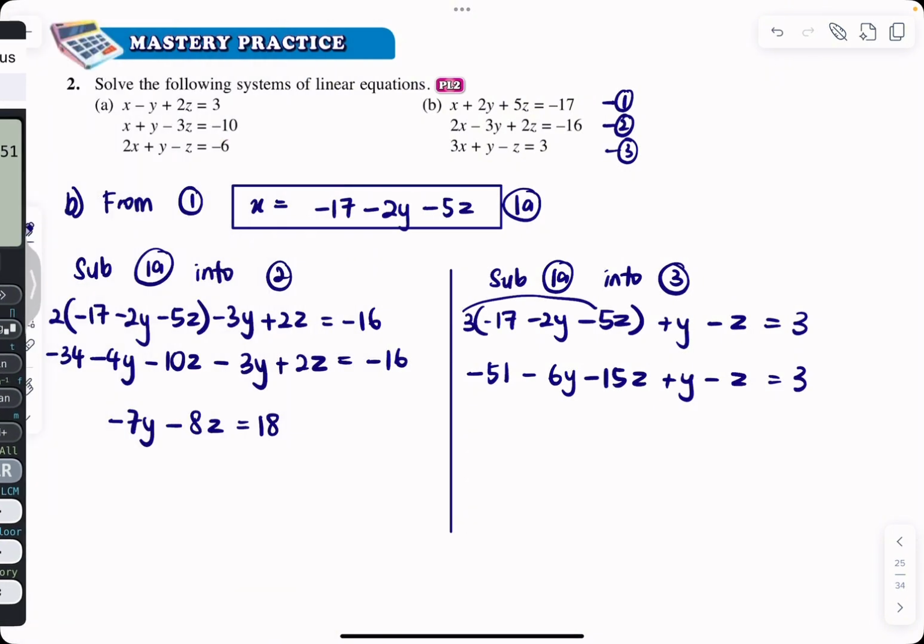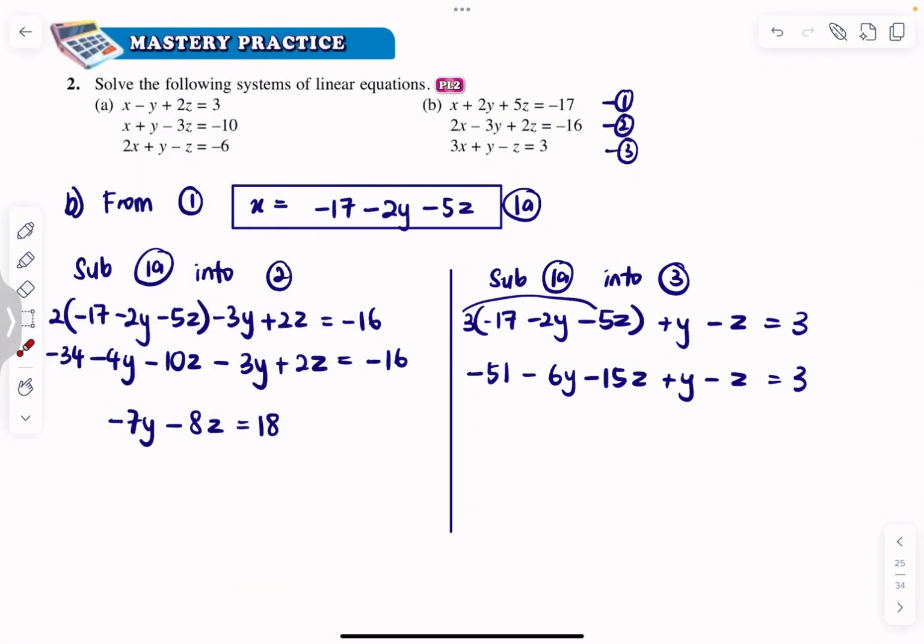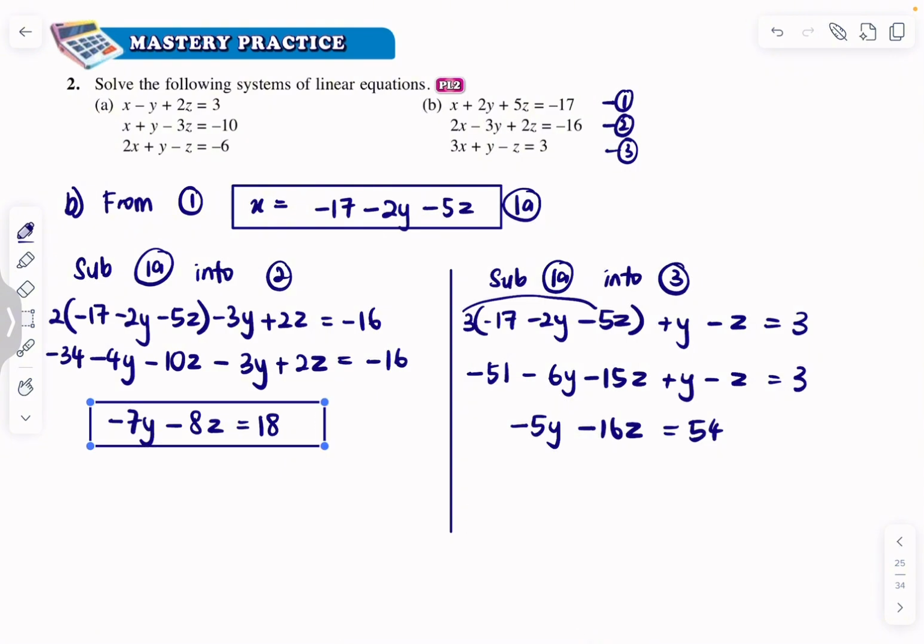Now negative 6y plus y is negative 5y. Negative 15z minus z is negative 16z. Negative 51 you bring here, will become 51 plus 3. So equals to 54. Alright. So we can call this equation 5, and this equation 6.